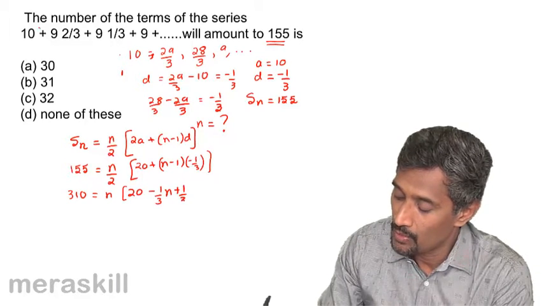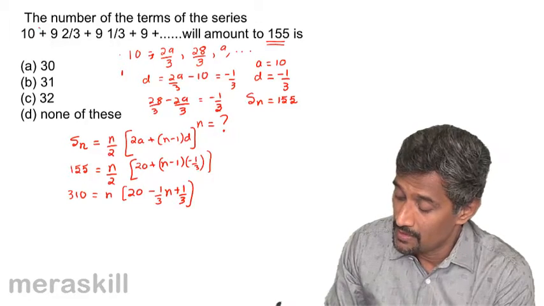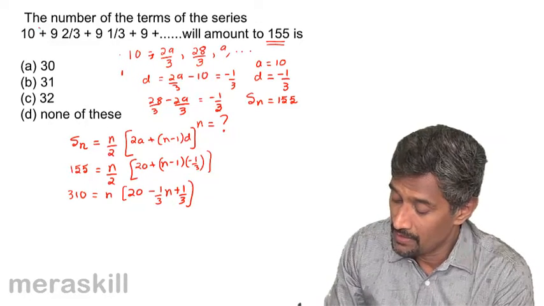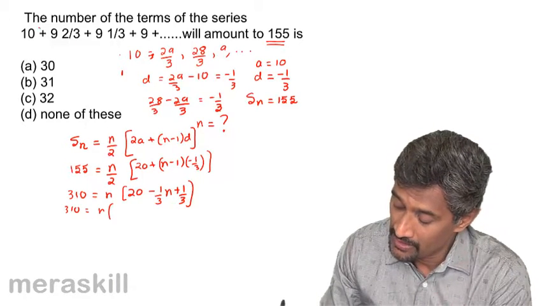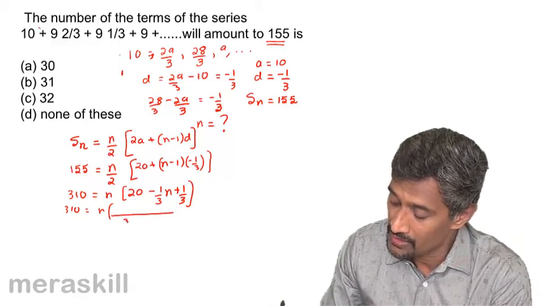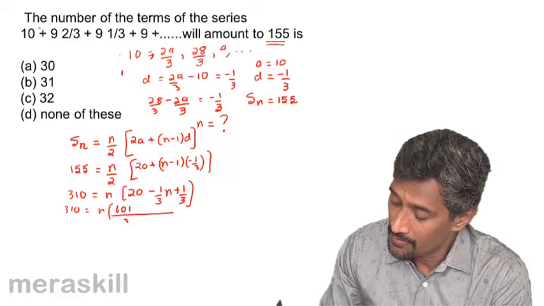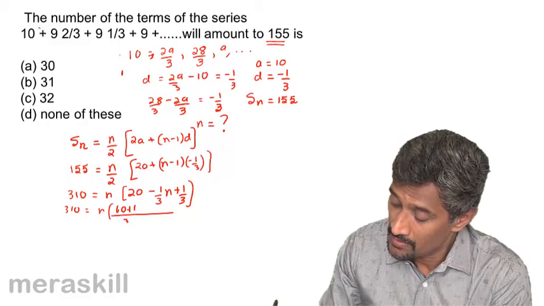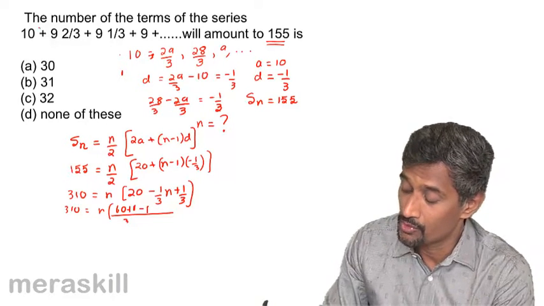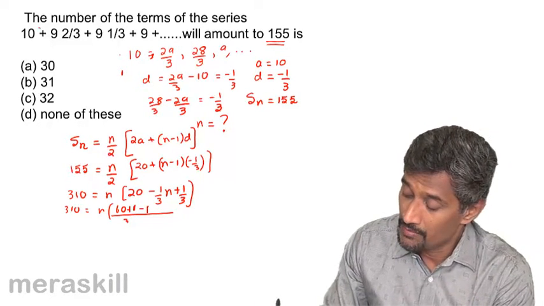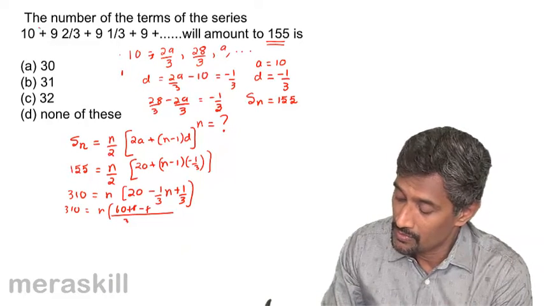plus 1 by 3. Which will turn out to be 310 is going to be n. You can take LCM. You have 60 plus 1 minus n. So this gets cancelled.